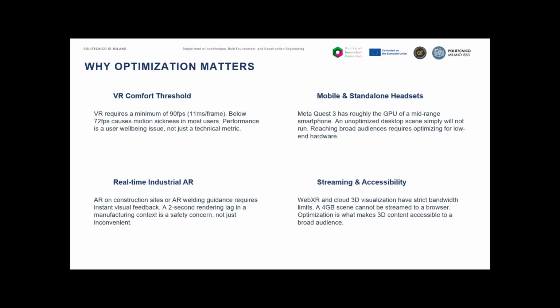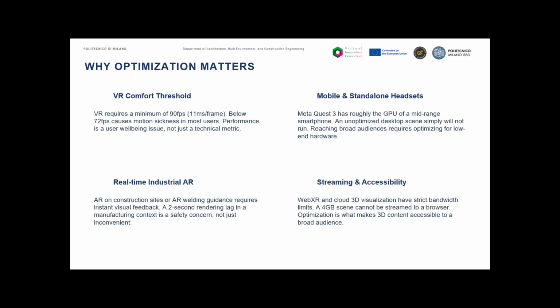This is the mechanism that stabilizes gaze during head movement, and it operates on a 10 to 15 millisecond timescale. So when the rendered image doesn't update within that time frame, we will have motion sickness, also called cybersickness. So this is a physiological constraint for us, not just a quality one.